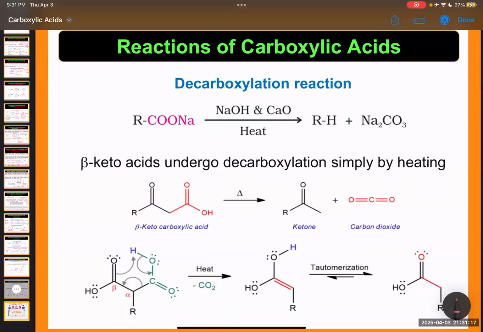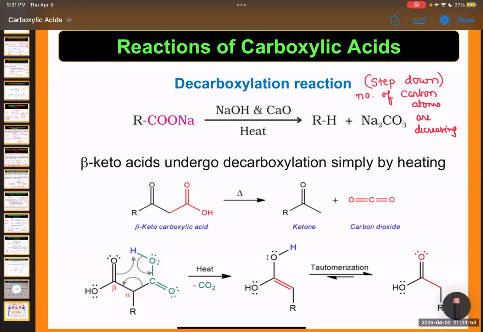Next is decarboxylation. This is a step down reaction. Step down means your number of carbon atoms is decreasing.